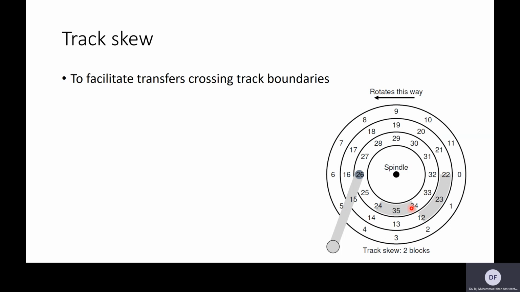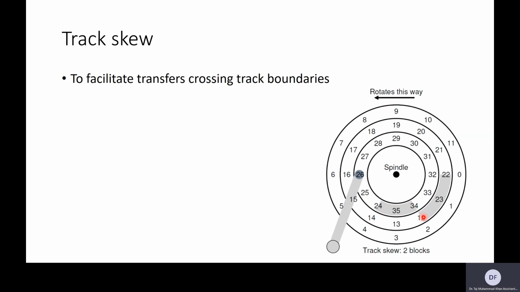For this purpose, hard disk manufacturers do this optimization and arrange the tracks in such a way that for sectors that cross track boundaries, the next sector, like 23 ends here, and 24, instead of starting here on the inner track, starts a little skewed. So these tracks are a little skewed, and 24 starts after this distance.